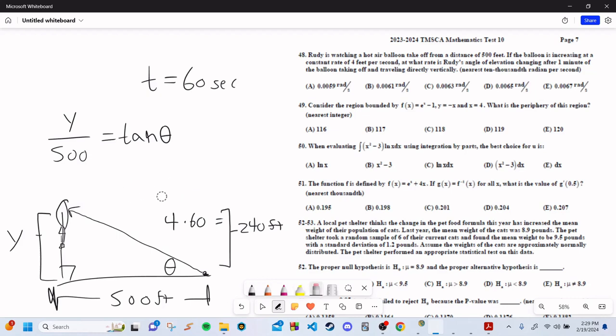And so what we're going to do is implicitly differentiate both sides of this equation. So we'd get dy over dt times 1 over 500 is equal to, well, the derivative of tangent is secant squared theta. We're going to multiply this by d theta dt.